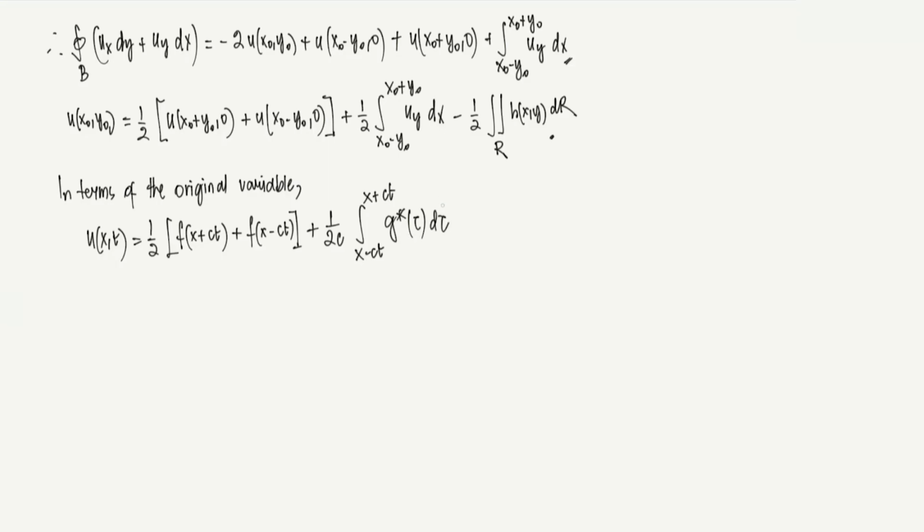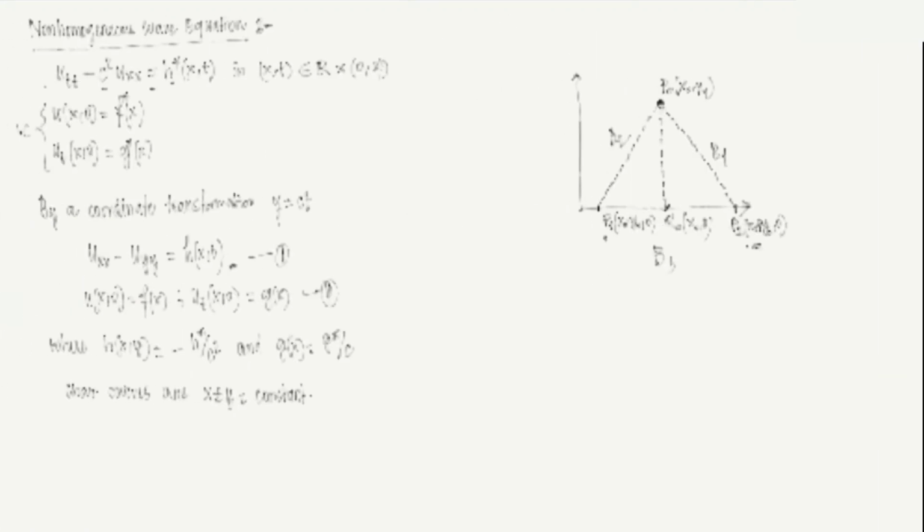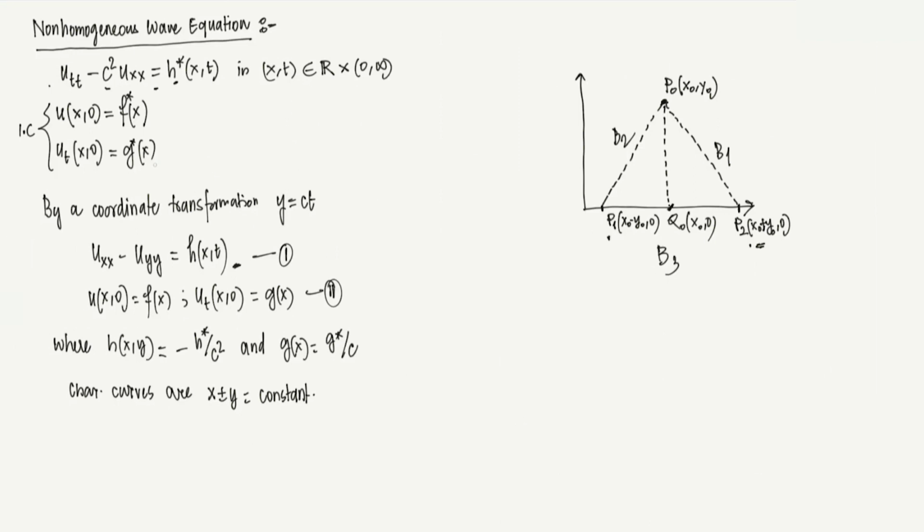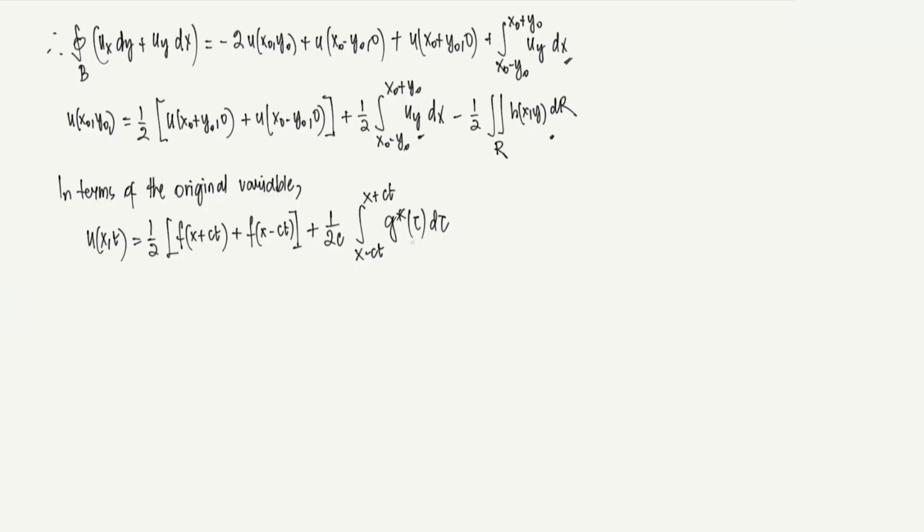Why g star? Because this is g. You remember, uy, the boundary condition, so ut is g star. If you replace it, uy will be g, so that becomes g star. So minus half the double integral over r h of xy d of r. I hope this is clear.